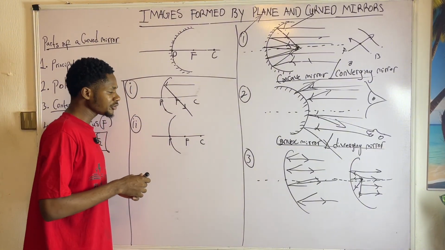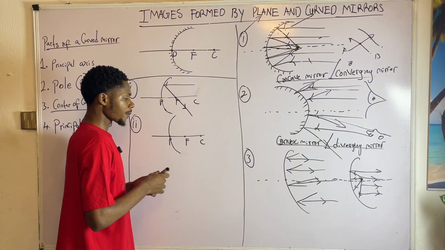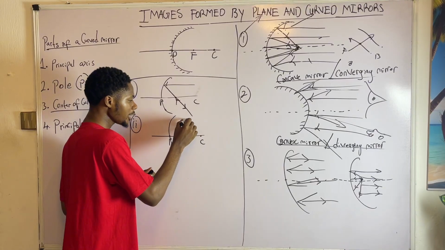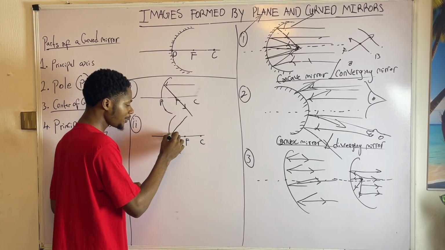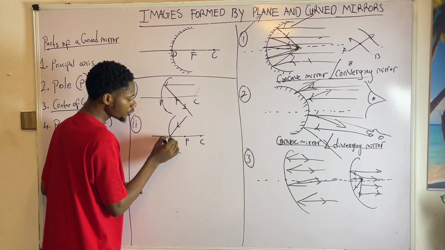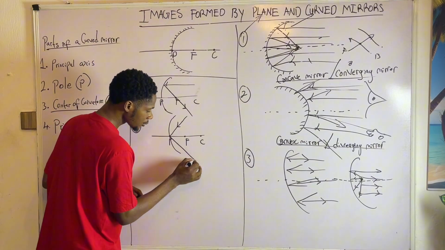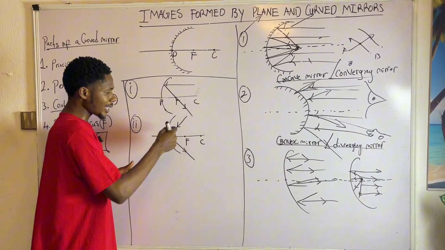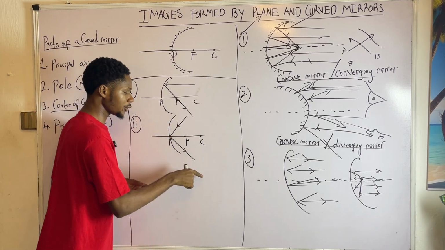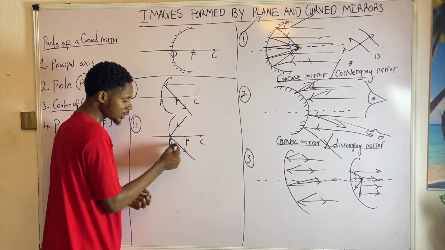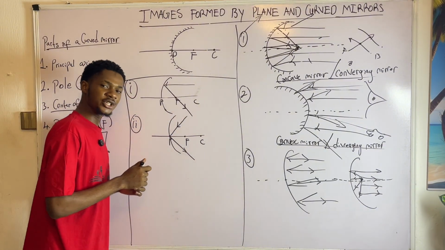Now another rule is if a ray of light traveling hits the pole like this, it is going to reflect back the same way. So as this ray hits the pole here, it's going to reflect back the same way. Take note of this, it is another rule. Also, if it comes like this and hits here, it's going to reflect back the same way.